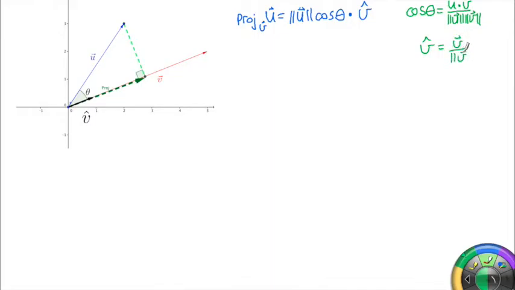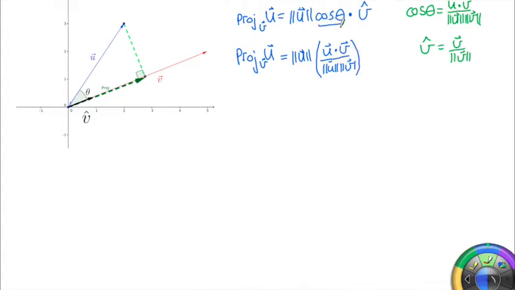That'll shrink it down, or grow it out, to a length of 1. Alright, so doing these little substitutions, we get that the projection of u onto v is equal to the magnitude of u, I'll leave him alone, times the cosine of theta, which is now going to become u dot v over the magnitude of u times the magnitude of v.